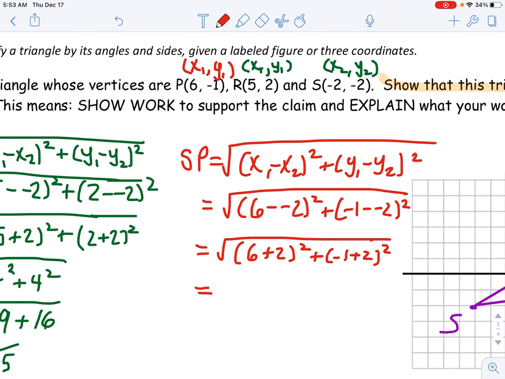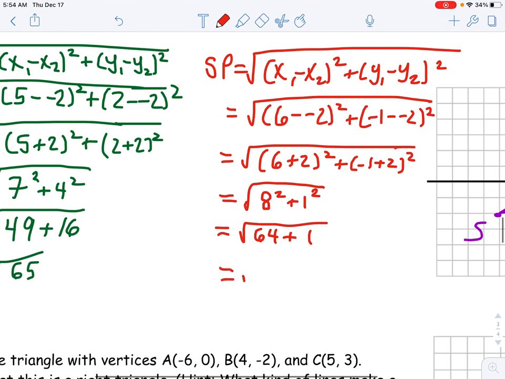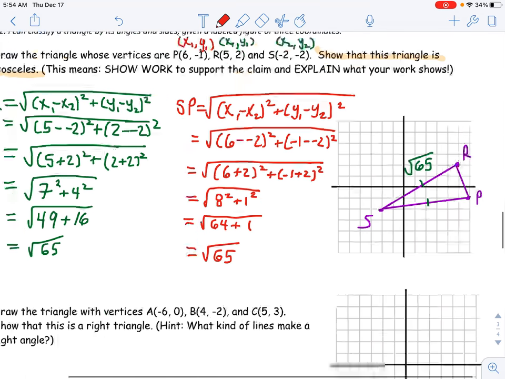Alright, now we remember the distance formula. We carefully plugged everything in. We cleaned it up. Now it's just a series of easy computations. 6 plus 2 is 8. Negative 1 plus 2 is 1. So I get 8 squared plus 1 squared. And this is going to become the square root of 64 plus 1, or the square root of 65.